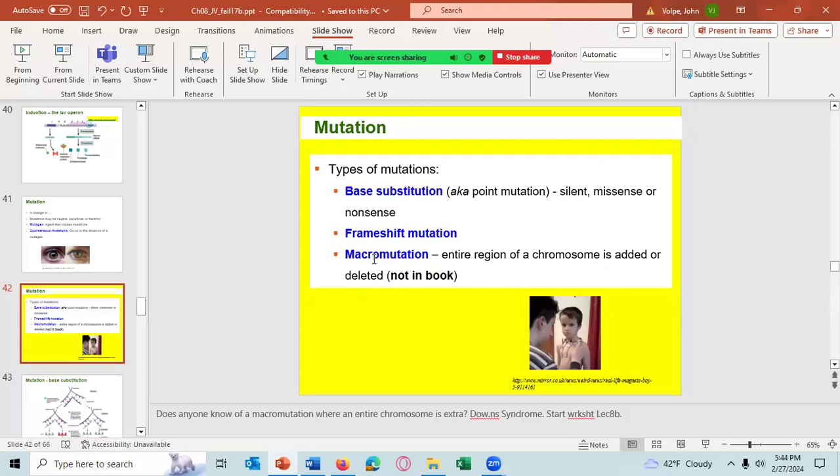An example of a macromutation is Down syndrome patients, who have an entire extra chromosome. If I'm not mistaken, they have 3 copies of chromosome number 23. Another macromutation would be a female individual born with either only 1 X chromosome or maybe with 3 X chromosomes.